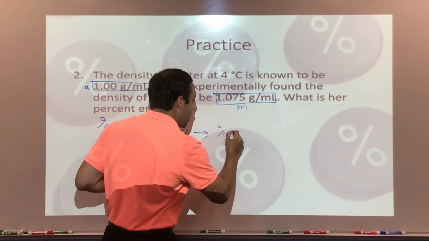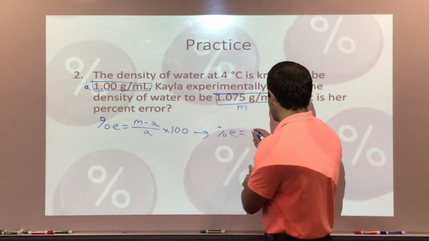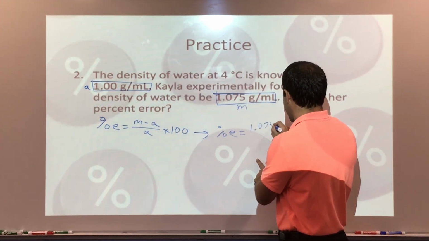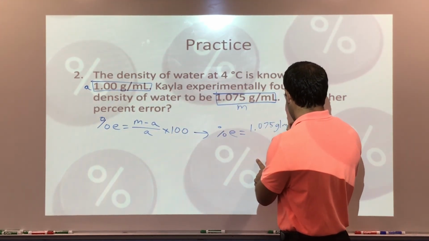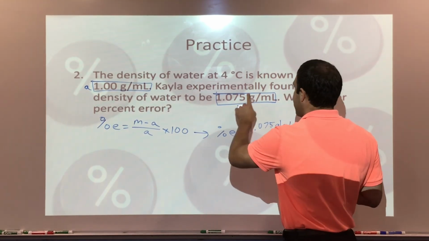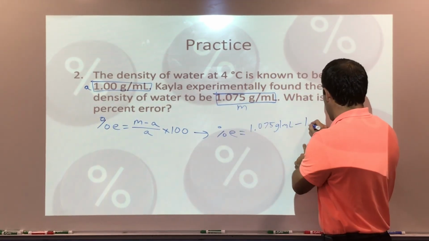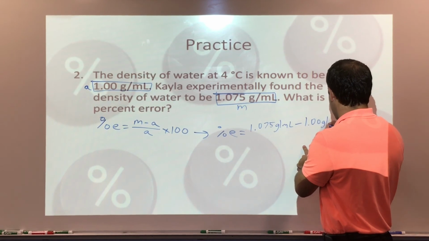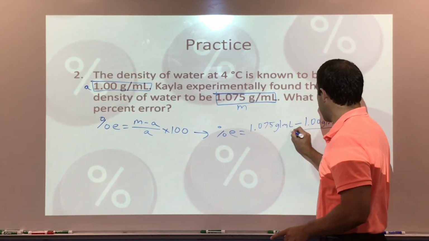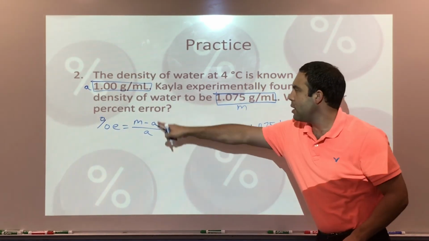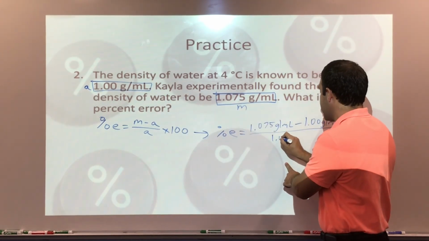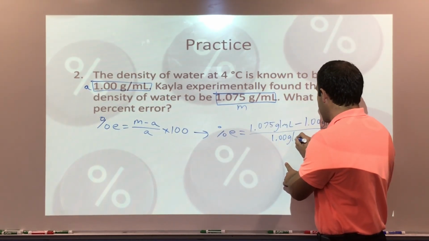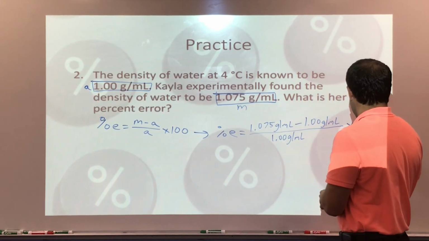Percent E equals measured 1.075 grams per milliliter minus the accepted, which is 1.00 grams per milliliter, over the accepted, which is once again 1.00 grams per milliliter, times 100.